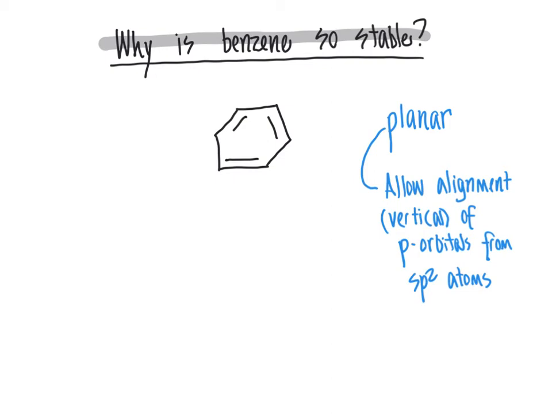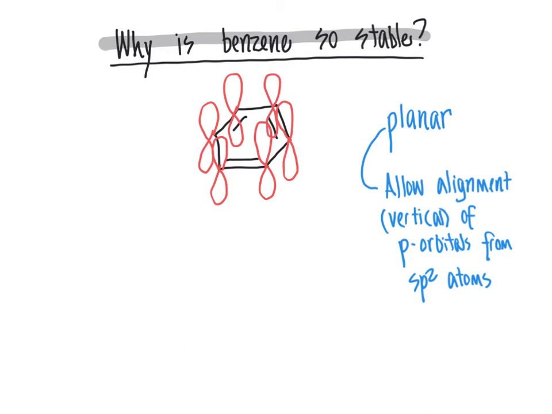And so what happens is you end up with a continuous system around the ring of these p orbitals that are all oriented vertically, like I'm drawing here, and create a network of overlapping p orbitals, both up top here above the ring and also down below the ring as well.